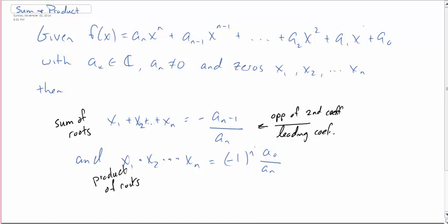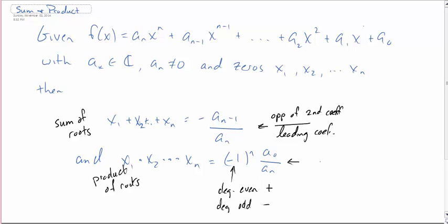So sometimes this product will be negative, sometimes it will be positive, and it depends on the degree of the polynomial. Degree even, product is positive. Degree odd, product is negative.